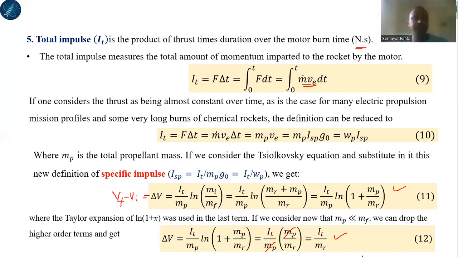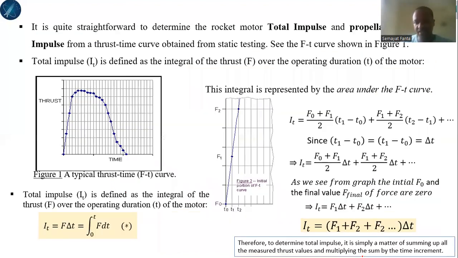So why are we using total impulse? That is because impulse we can get directly from the graph. For example, we have this typical thrust time curve.